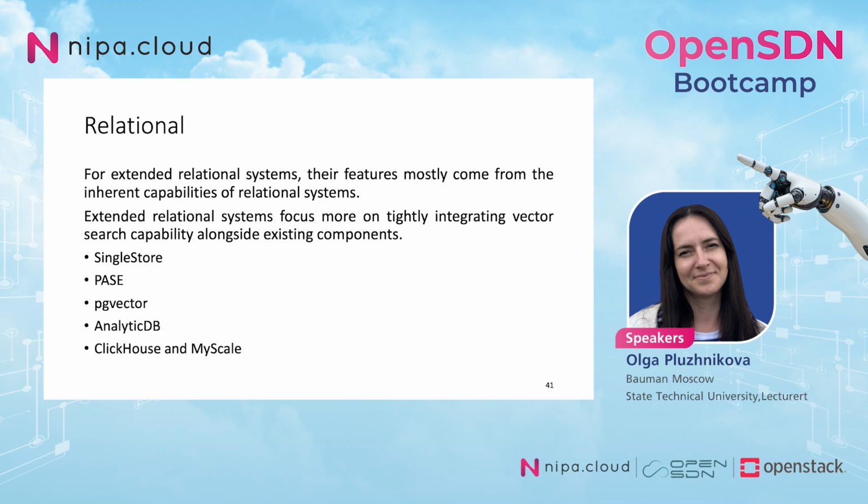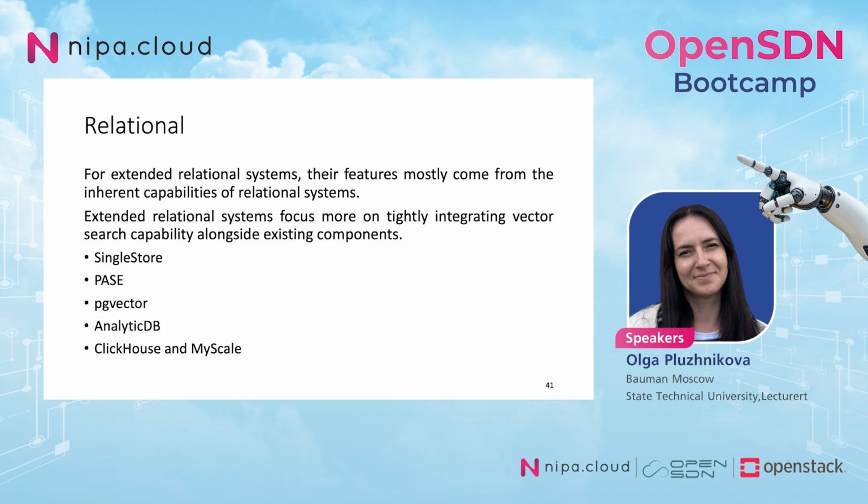But this is perhaps by SingleStore, which offers exact KNN and range search through its native relational engine without any vector search indexes. Subsequently, extended relational systems focus more on tightly integrating vector search capability alongside existing components.